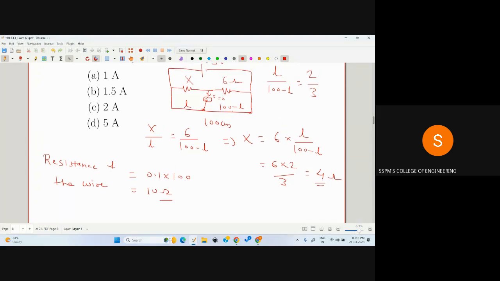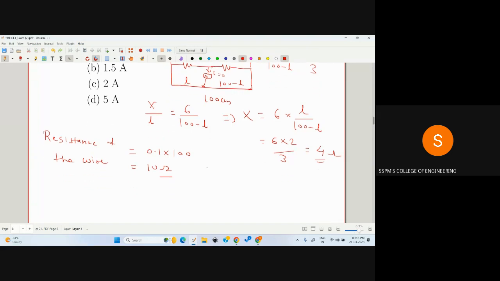Now this 10 ohm resistance is in parallel with X plus 6, which is 10 ohm resistance. So the equivalent resistance of the bridge circuit is 1 upon RT is equal to 1 upon 10 plus 1 upon 10, which is equal to 2 upon 10 or 1 upon 5. So total resistance is 5 ohm.